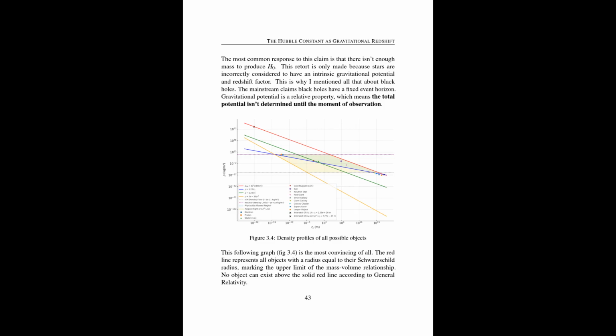This following graph is the most convincing of all. The red line represents all objects with a radius equal to their Schwarzschild radius, marking the upper limit of the mass-volume relationship. No object can exist above the solid red line according to general relativity.